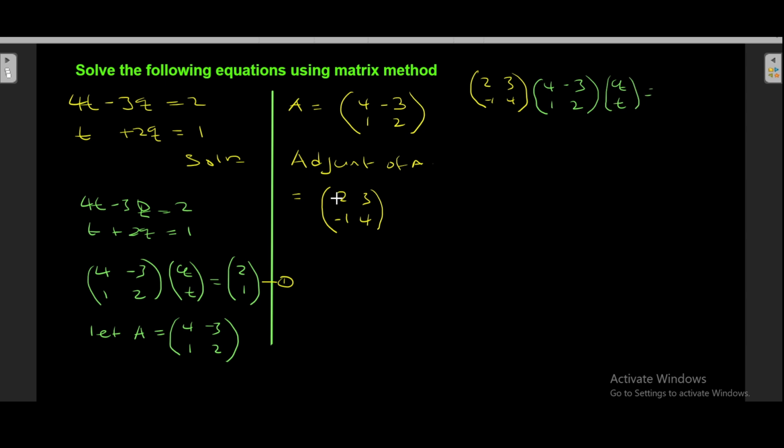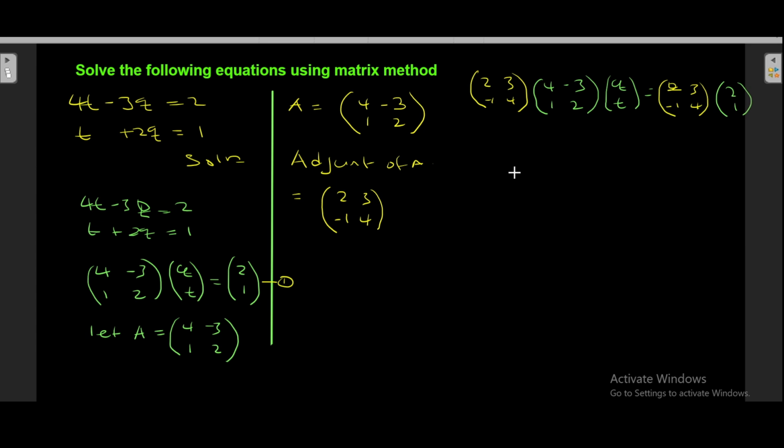Then I'll multiply the adjoint on the other side of the expression, 2, 3, negative 1 and 4, across the bracket, with the matrix 2 and 1.